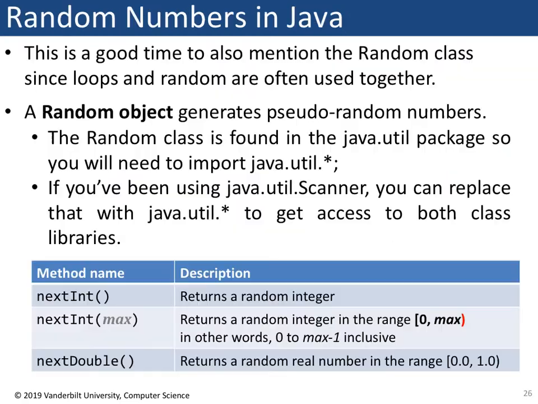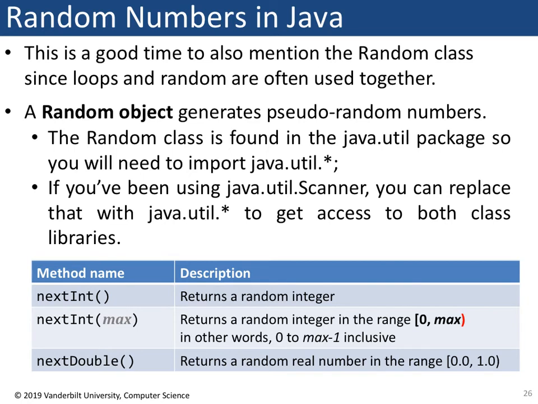This is a good time also to bring up the Random class. The Random object is going to generate a pseudo-random number, and this Random class is part of the java.util package.